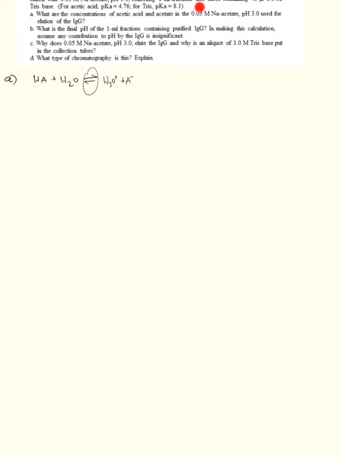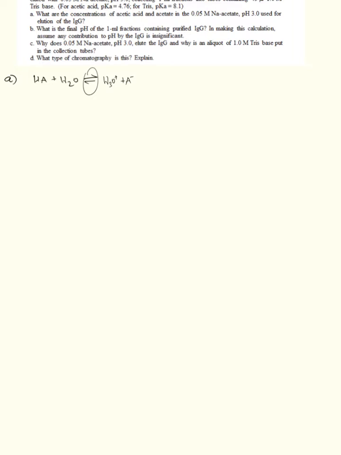So just because you have 0.05 sodium acetate doesn't mean you won't have acetic acid. Sodium acetate would be the conjugate base in this scenario, and acetic acid would be the original acid. So we'll have concentrations of both eventually. If we start with this, some of it will go this way, some of it will go back that way, so you'll end up with concentrations of both.